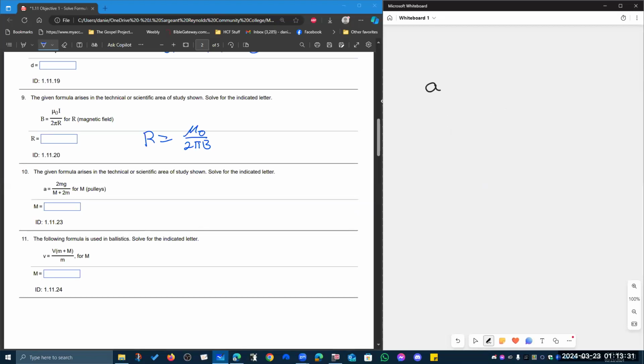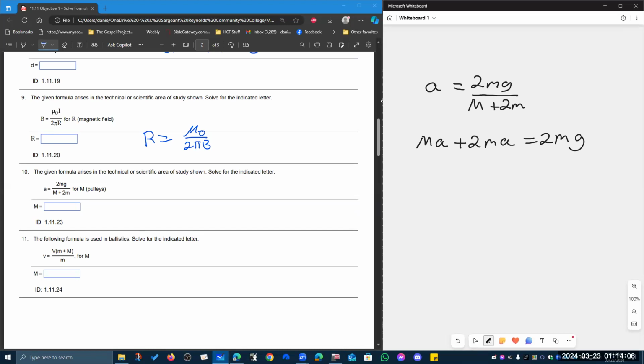Now we have lowercase a is equal to 2mg over capital M plus 2 lowercase m. And I want to solve for capital M. So capital M times a plus 2 lowercase m times a equals 2 lowercase m times g.